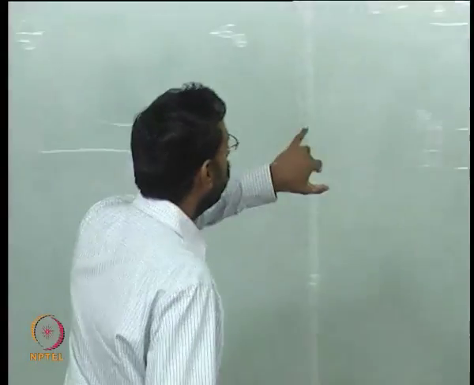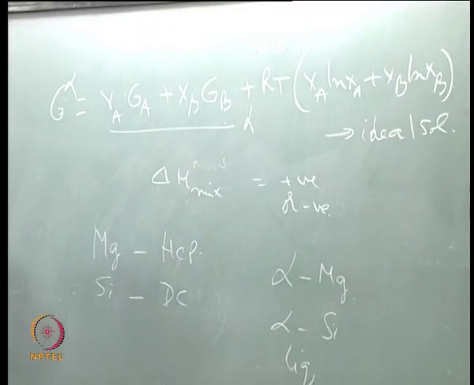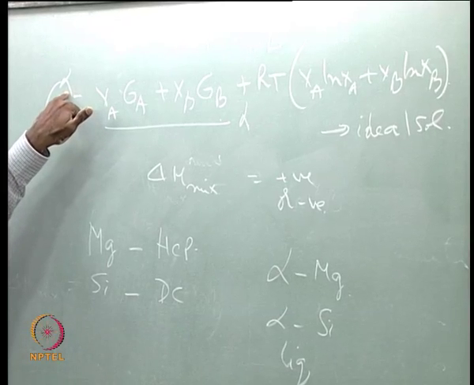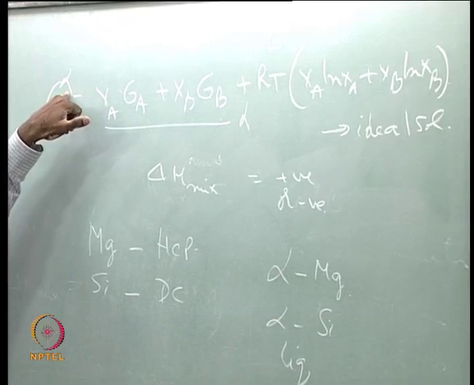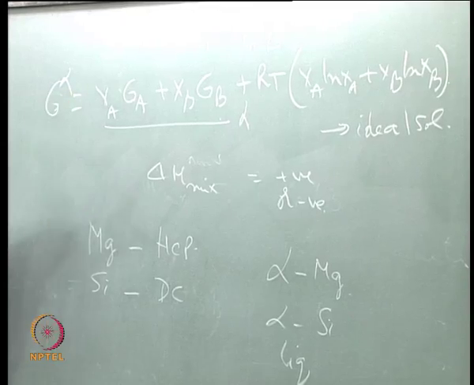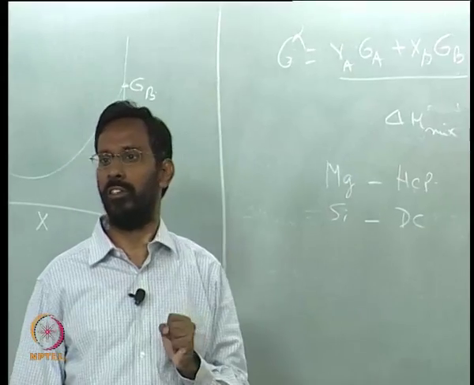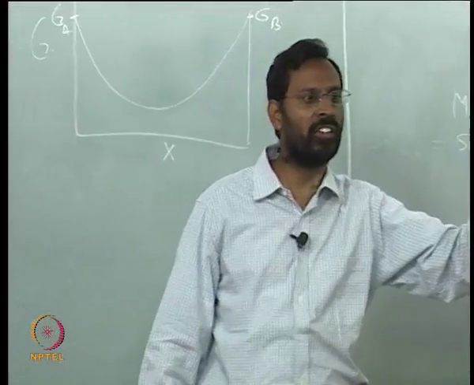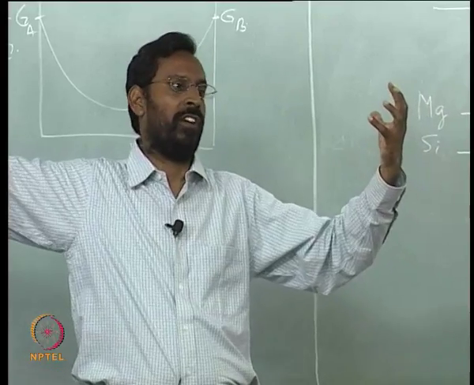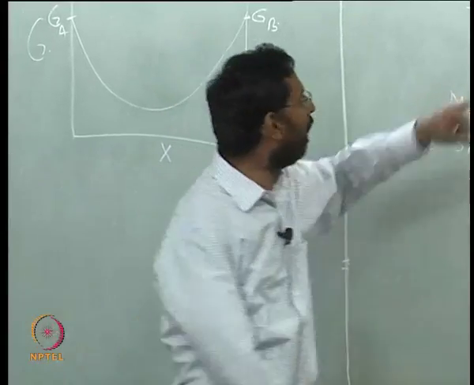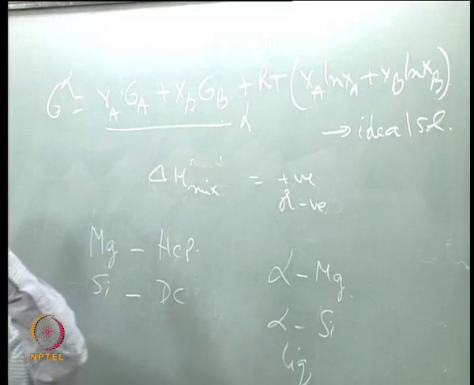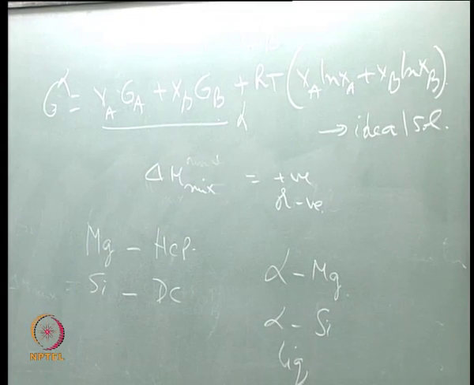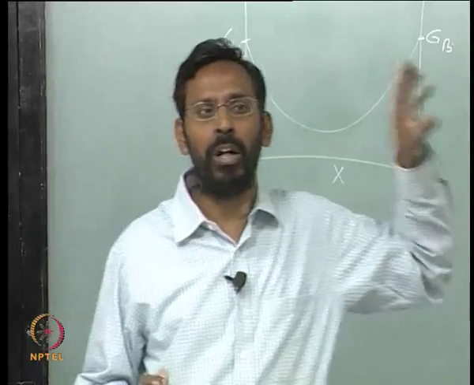How do I put the free energy of two different crystal structures into one equation and talk about the free energy of alpha magnesium? Whenever we talk of any phase, we are talking of the free energy of that structure as a function of composition and temperature. If that is the case, I need to have both of these in the same structure. If Ga and Gb are two different crystal structures, then I cannot put them into that equation.